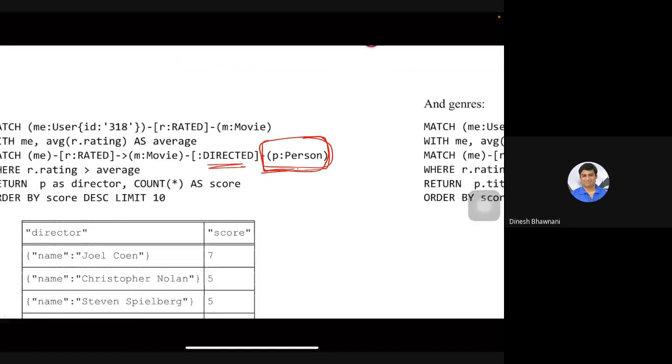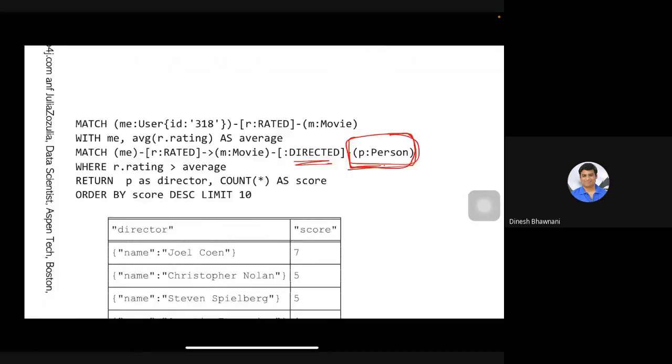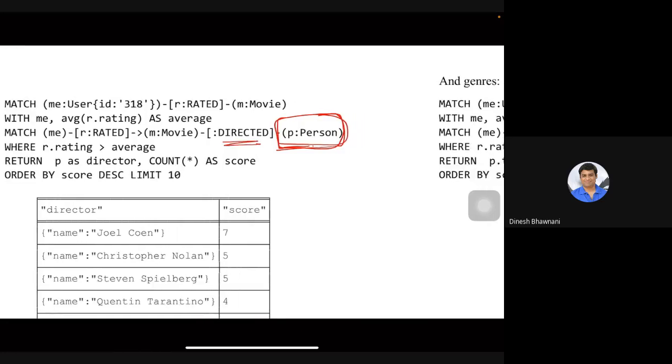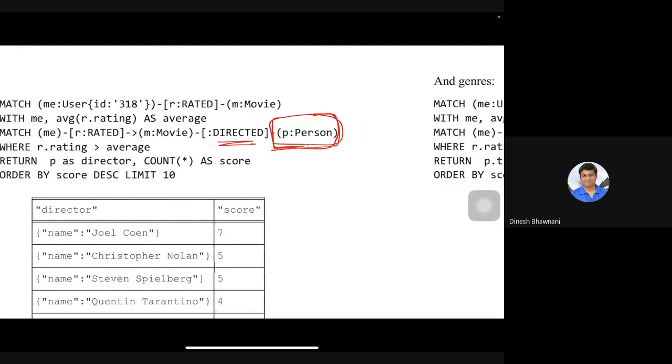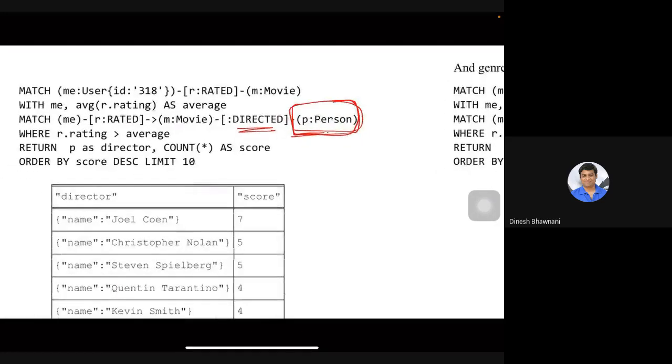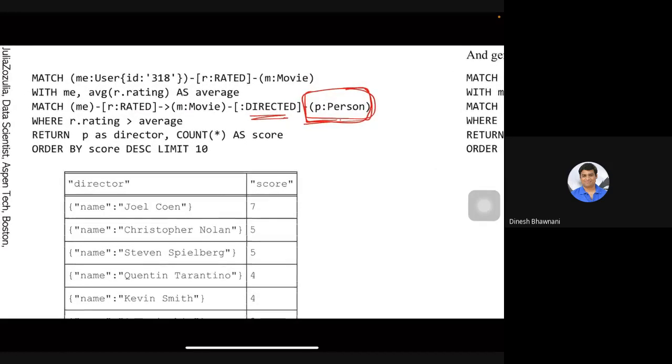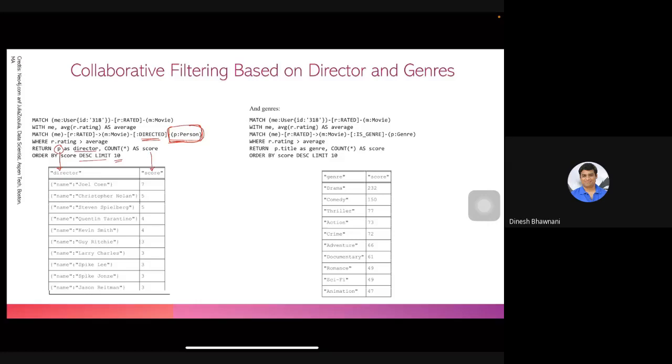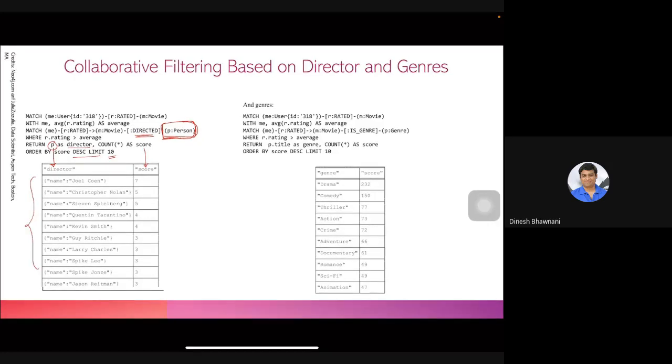So if you look up directed, then you are going to end up with P as director. You have to return P as director. This P you want it named as director. So that is why you are saying P as director. Then count as score. Then it will come under name score. And order by descending, limit to 10. So the top 10 come.